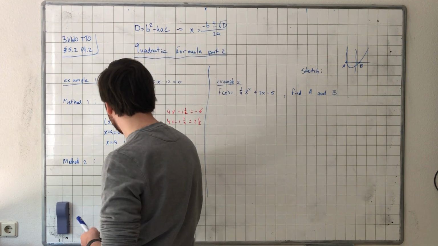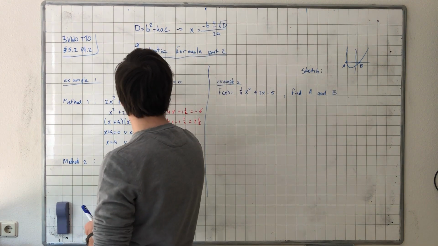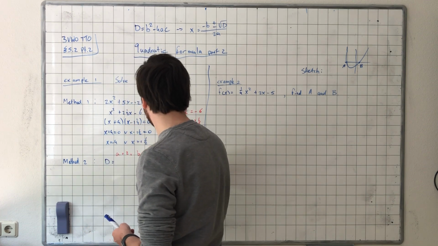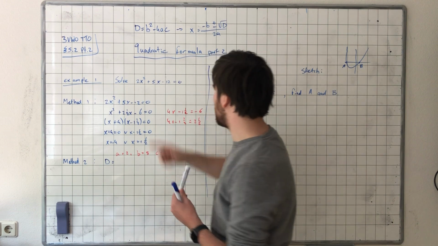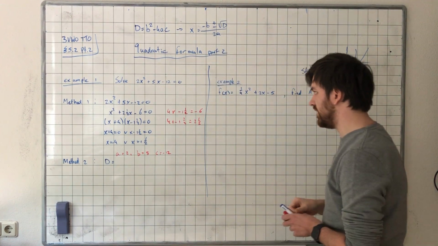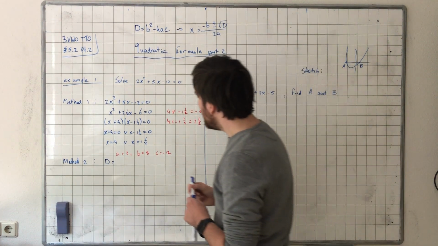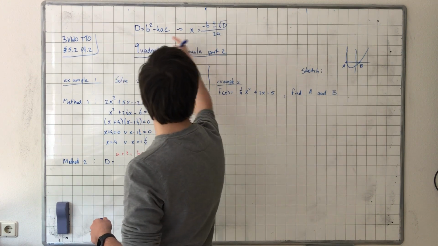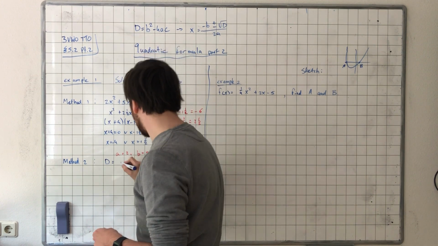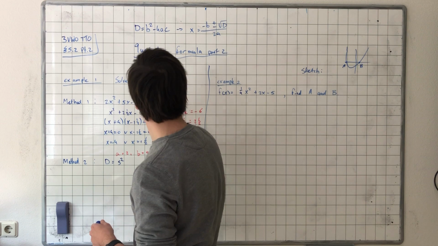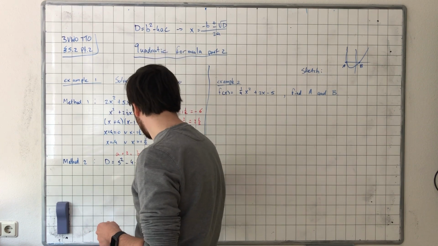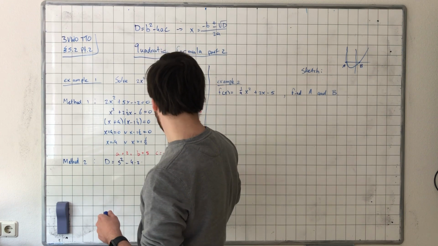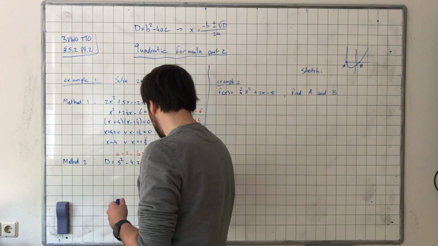a is 2, b is 5, and c is minus 12. Remember, if there's a minus over here, these numbers are negative as well. So d is b squared, which is 5 squared, minus 4 times a, which is 2, times c, minus 12.